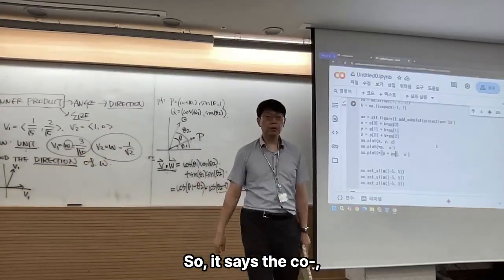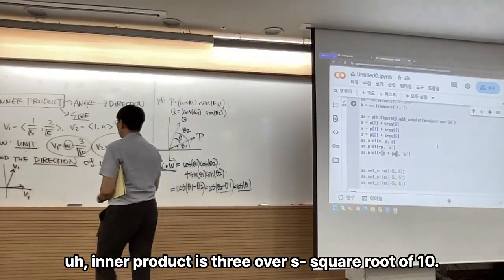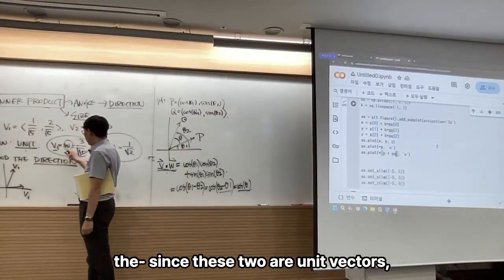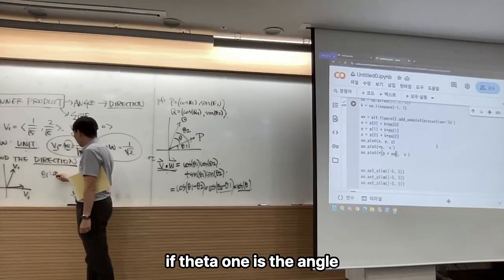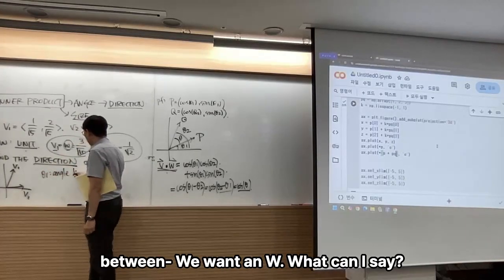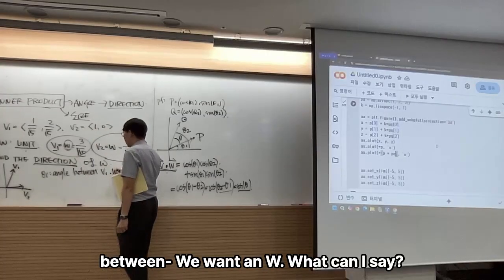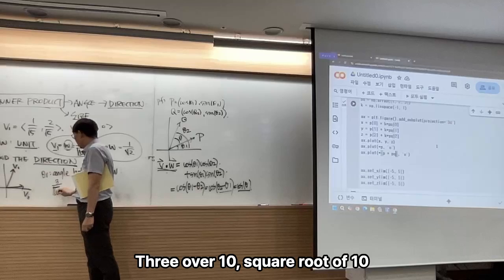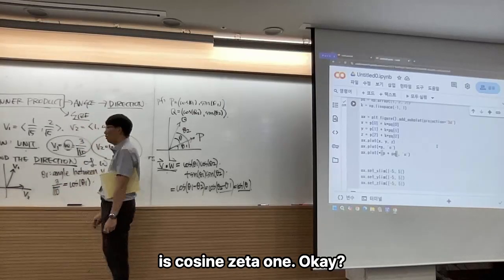So it says the inner product is 3 over square root of 10. By the theorem, since these two are unit vectors, if theta 1 is the angle between V1 and W, what can I say? 3 over square root of 10 is cosine theta 1.